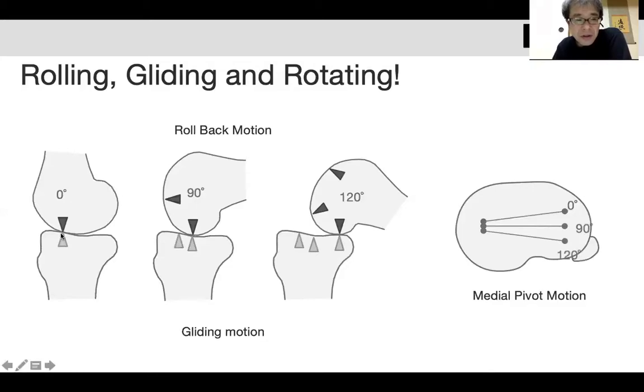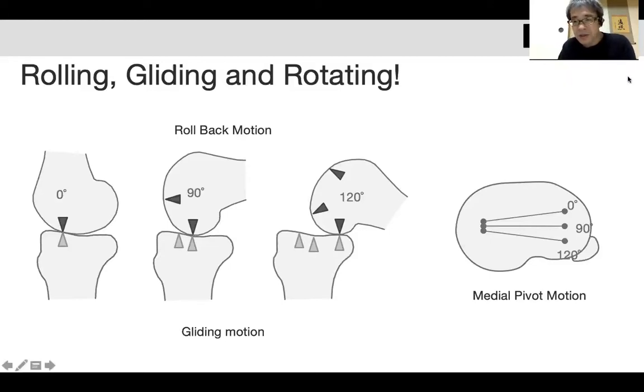The contact point at 0 degrees and at 120 degrees is at a longer distance on the femur side than on the tibia side. This implies that a sliding motion is needed to achieve this motion.